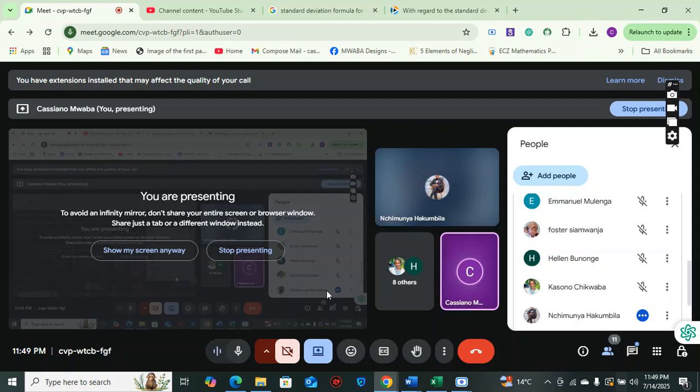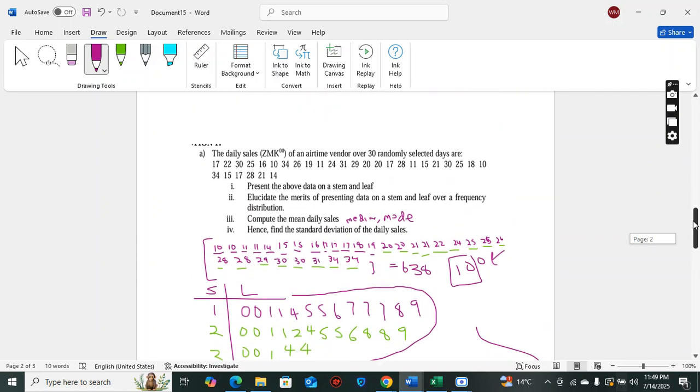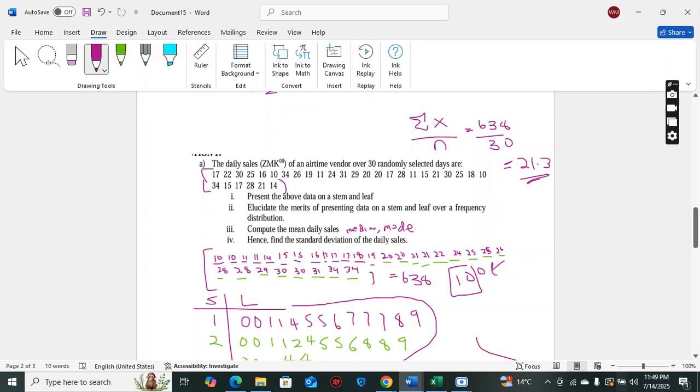Now, imagine this one or binomial distribution. Okay. Next, I've added this one. We need to find the mode. What is the mode here, colleagues?